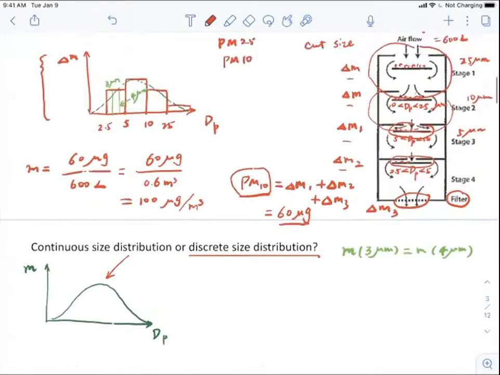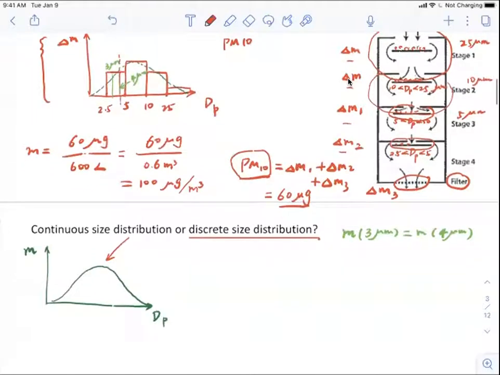Because if you have the discrete size distribution and you want to measure the concentration below 4 micron, it's a little bit difficult to do this calculation. But if you have a continuous size distribution, you can directly integrate, right, to get the total concentrations here.